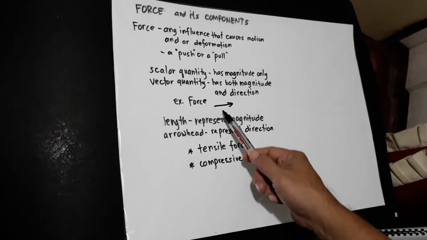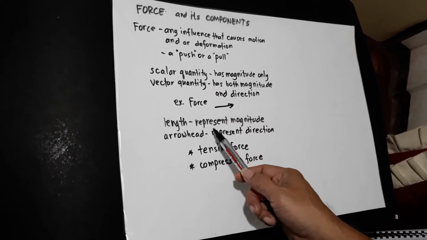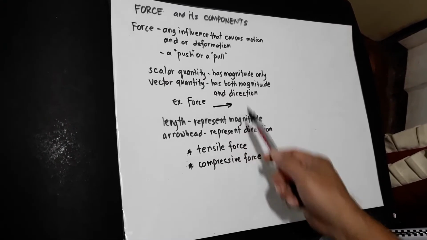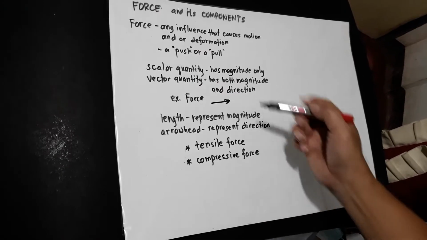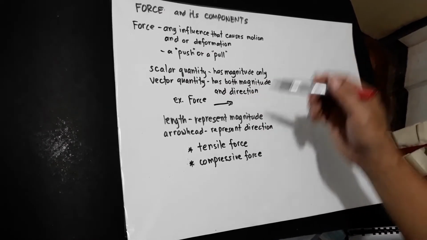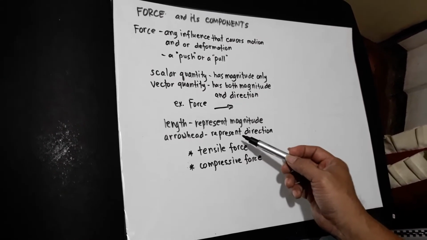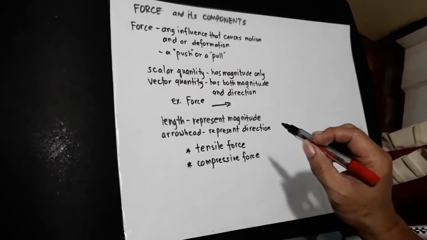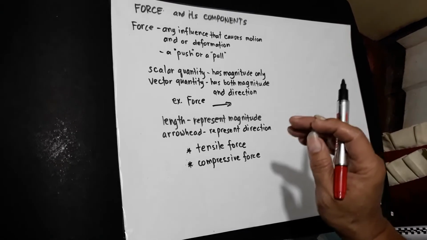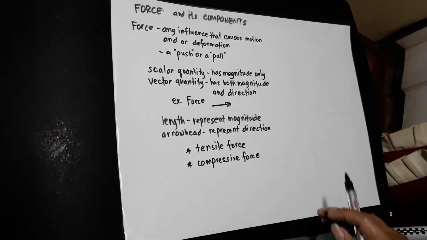The length of the arrow would describe and represent the magnitude of the force, how strong or how weak the force is, while the arrowhead will represent and specify the direction of the force, whether it is going to the right, to the left, upward, downward, or any other direction.